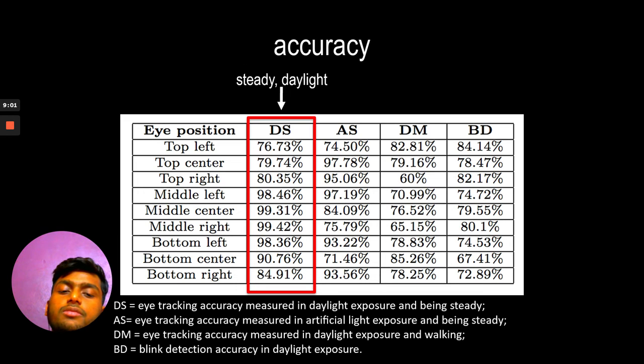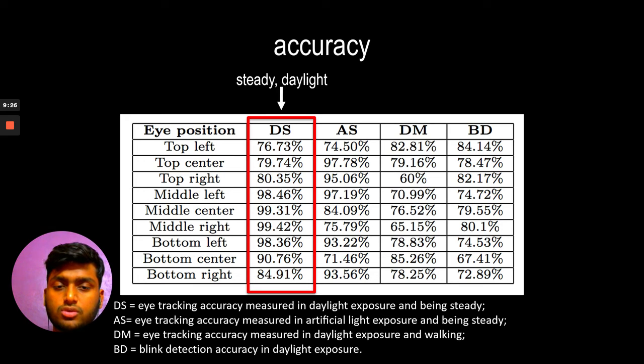So this is a table achieved from the accuracy standpoint for various directions in which the eye can be looking, in which an eye can be winked, in which an eye can be tracked. So as you can see, these are the steady daylight conditions, and we have the list of all the directions where the eye can look.